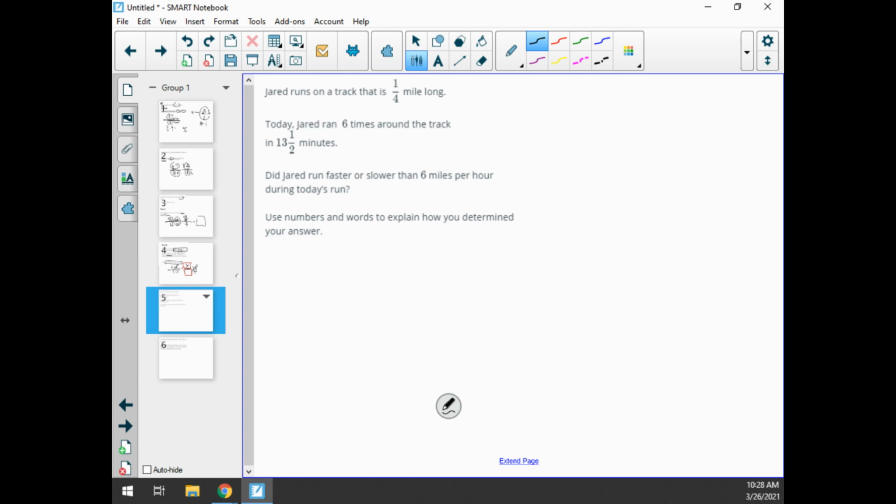Question number 4. Jared runs on a track that is 1/4 mile long, and he ran 6 times around the track in 3.5 minutes. Did he run faster or slower than 6 miles per hour? So we need to take these numbers and turn it into miles per hour. So first, I have to know how many miles he ran.